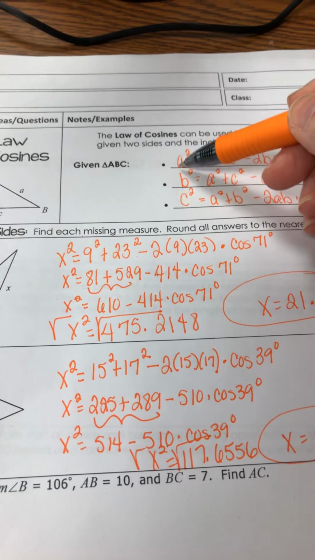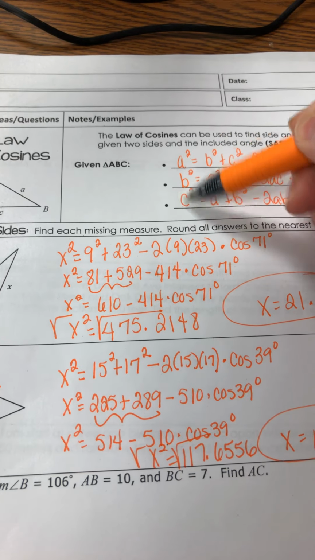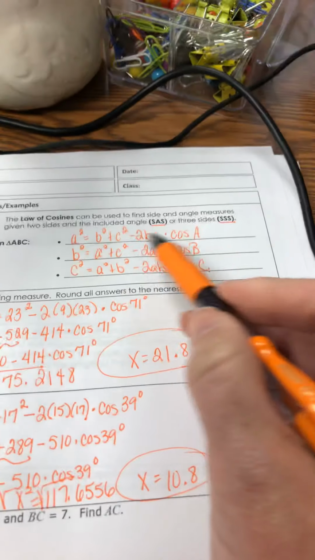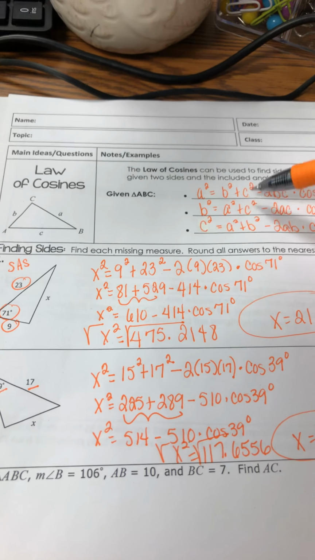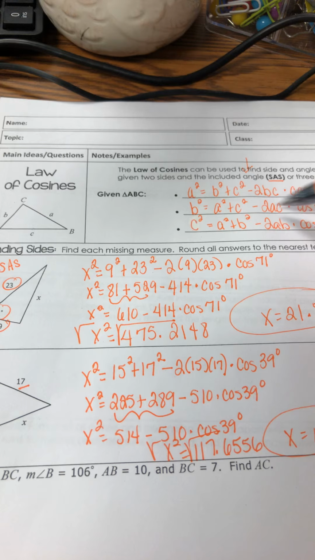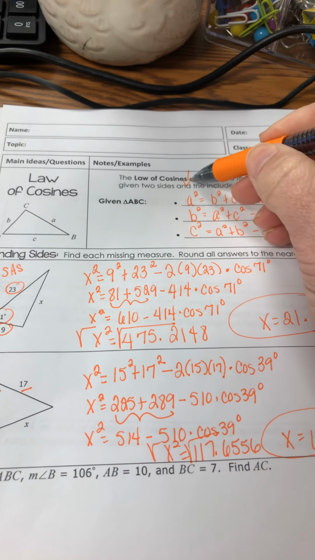So that value is going to be my a squared, b squared, c squared over here on the left side. So remember, side angle side, that has to go over here. This third side has to go over here. This is sacred. Side angle side over here. This is the third side.